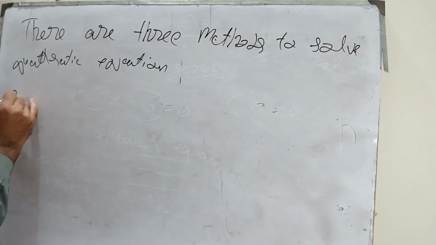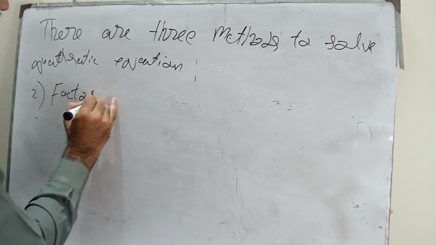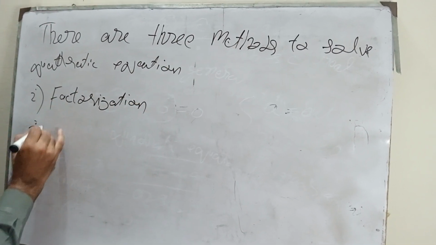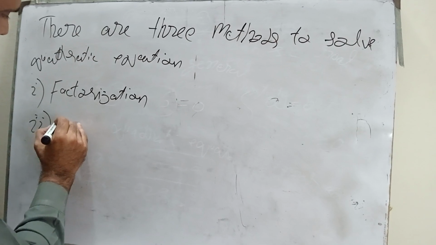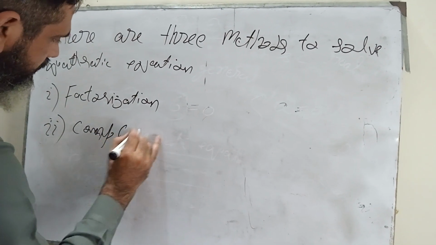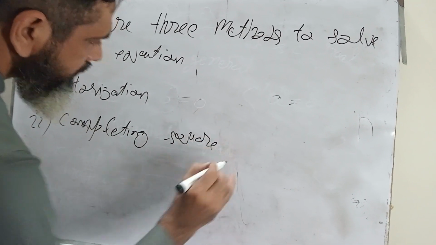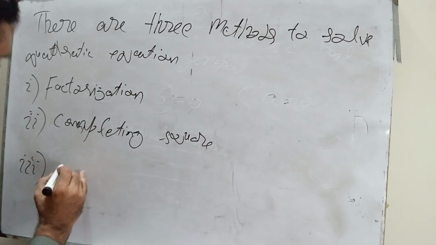First one is the factorization, the second one is by completing square, and the third one is using the quadratic formula.